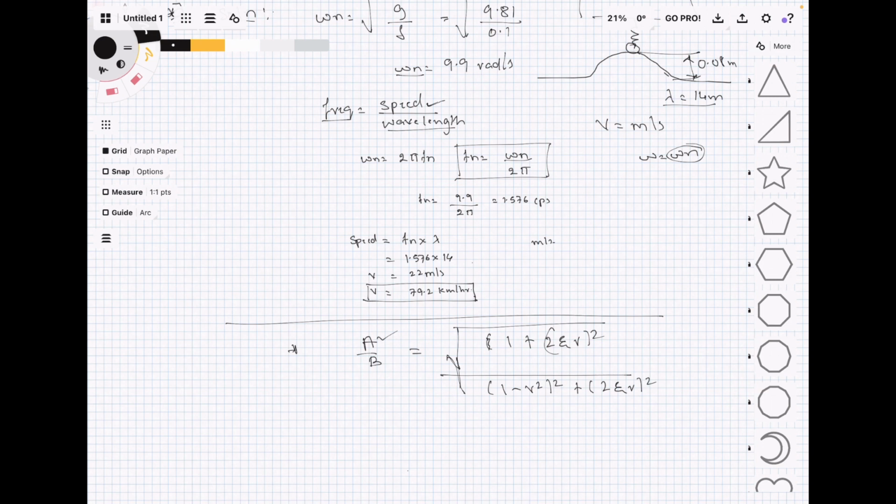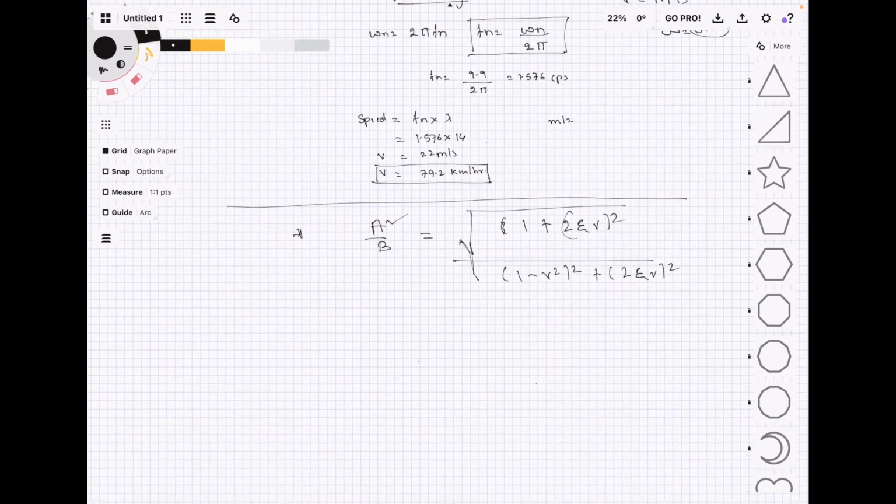He is asking what will be the amplitude of the trailer when it reaches this speed. So for that case, we'll be finding out the speed here.